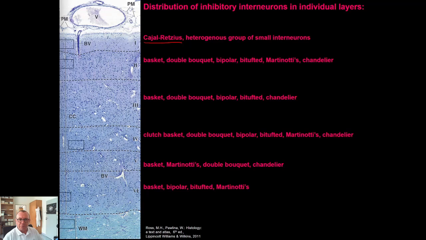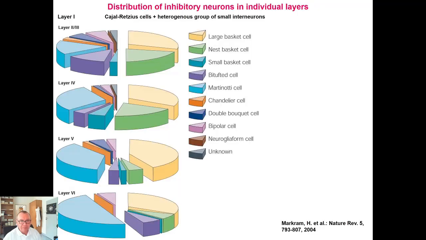It is just for information. All layers should contain some inhibitory interneurons. And here is a diagram showing their quantitative distribution in all 6 layers.